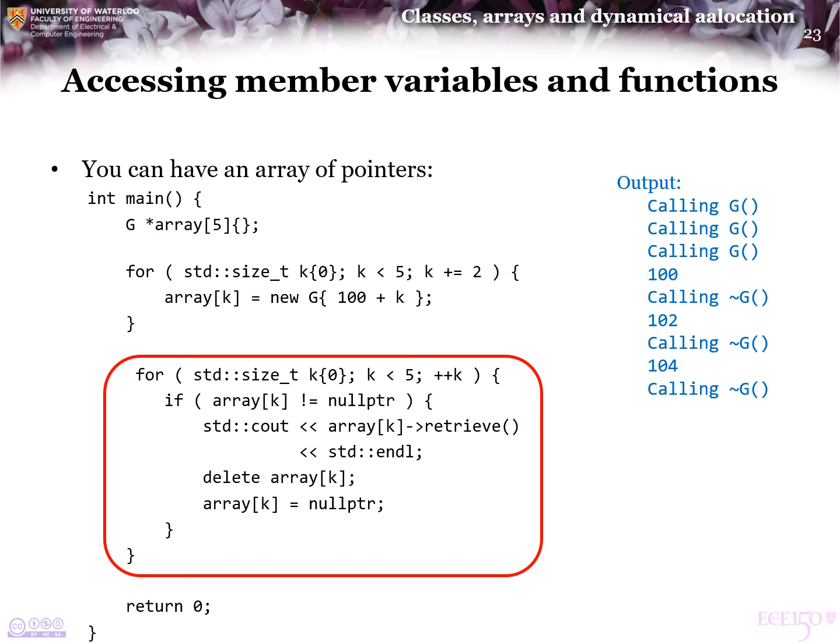Now, when main exits, there is no subsequent call to the destructor because array is simply a local array that happens to be storing 5 addresses.